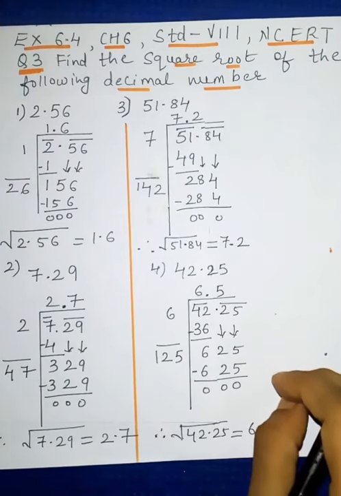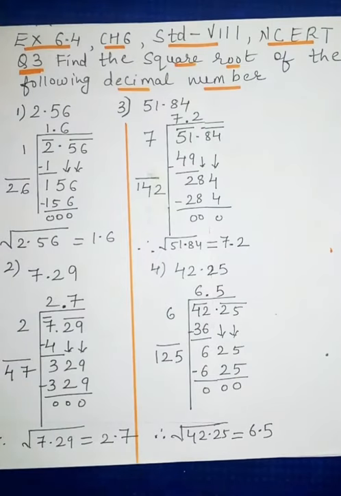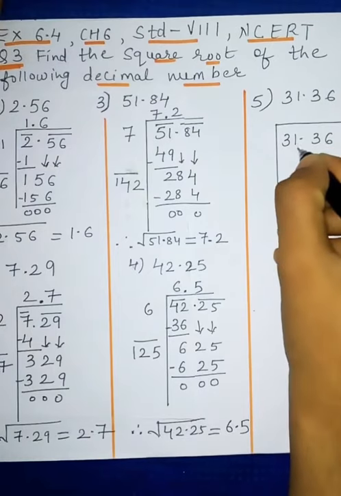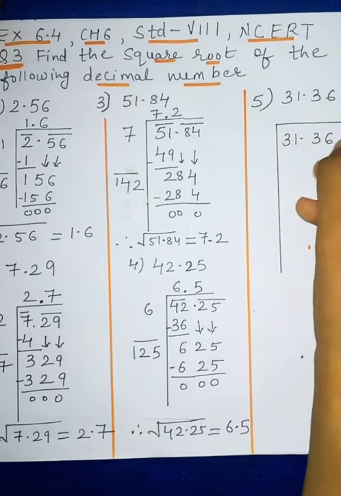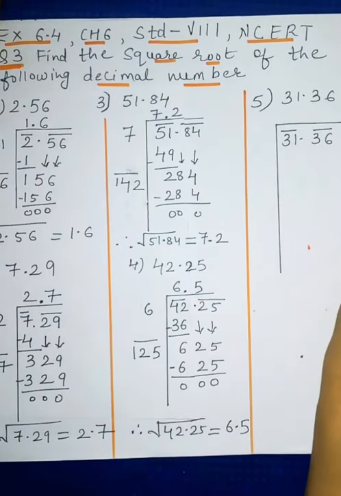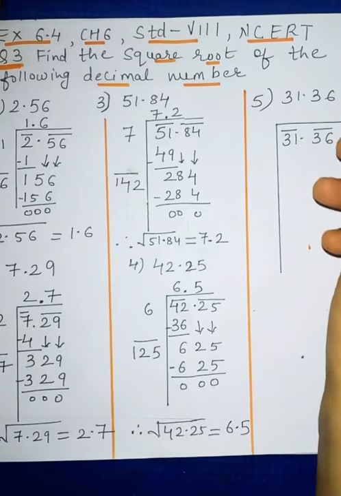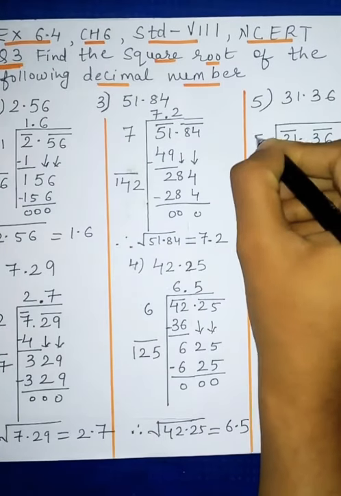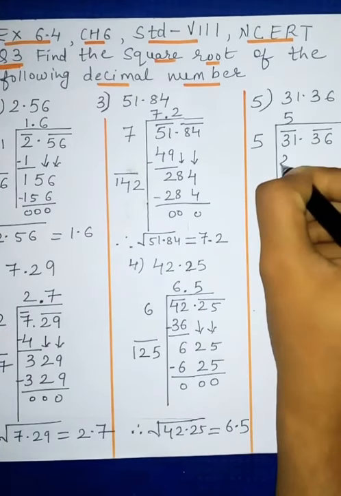Now moving ahead to the last sum, the fifth one. Now the fifth question is 31.36. Okay, let us draw the bar here, and after the point we will start from here. So 2 digits. So this way we will get again a perfect square number. So we will take 5 5s are 25.